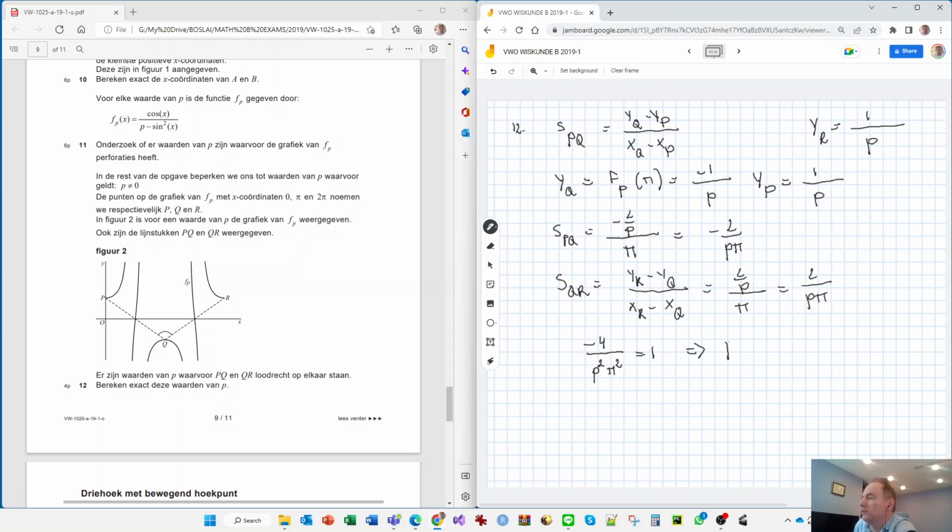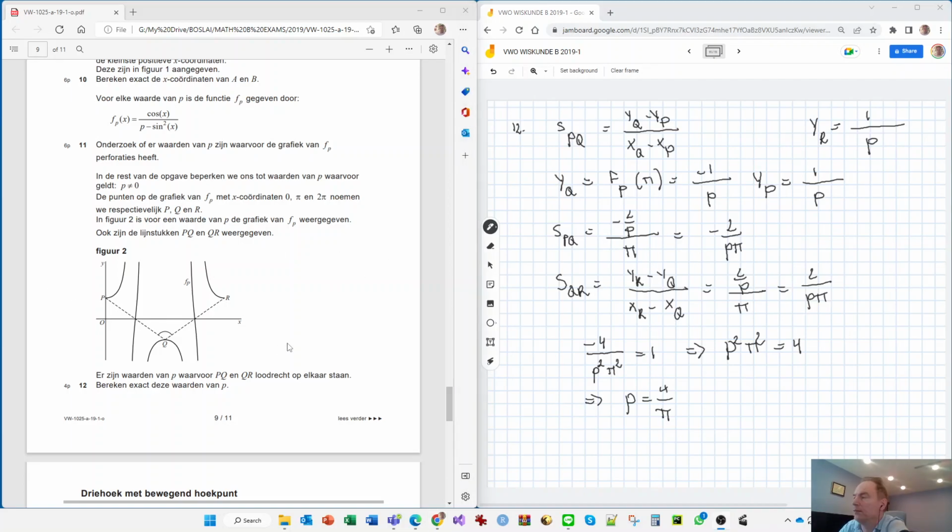In other words, p squared pi squared equals 4, or p equals 4 over pi.